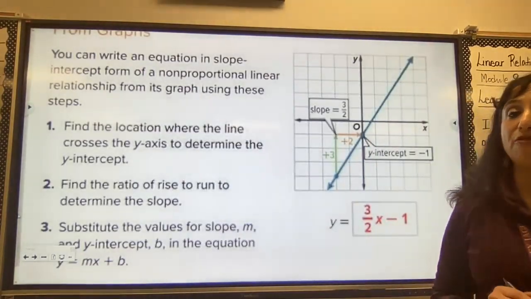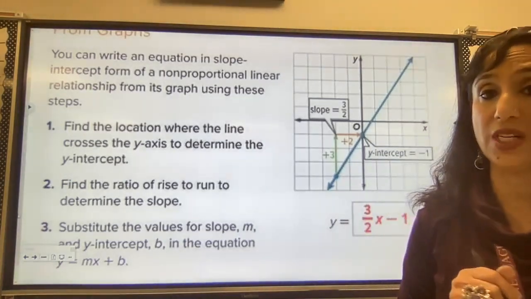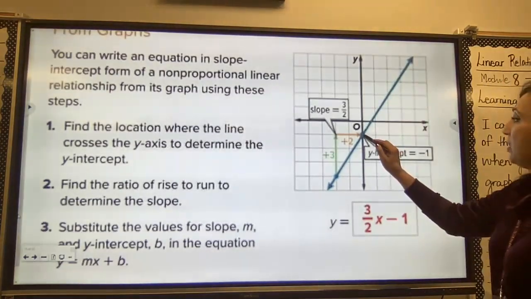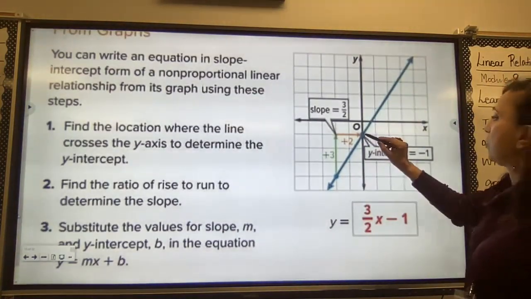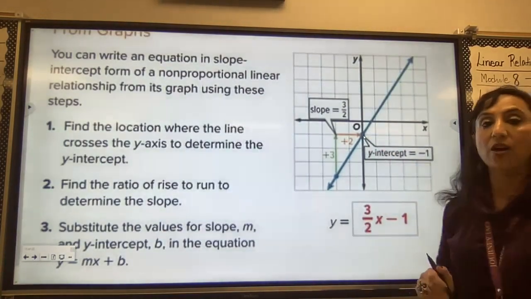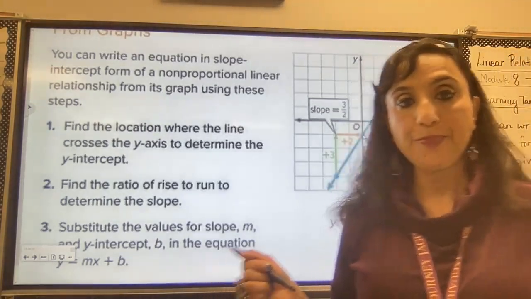So look, find the location where the line crosses the y-axis to determine the y-intercept. So look, this is where it is meeting the y-axis. This is the y-axis. This is where it's crossing over. And so this is going to be your y-intercept, which is negative 1.